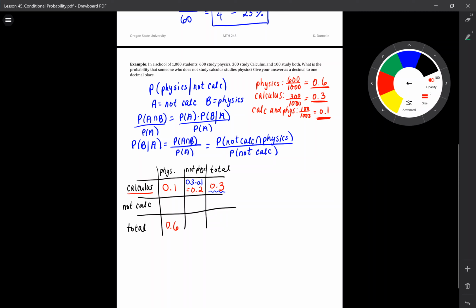And this right here, I'm trying to figure out how many students are taking physics but not calculus. Well, the total in this column should be 0.6. So here I will have 0.6 minus 0.1, which is 0.5.